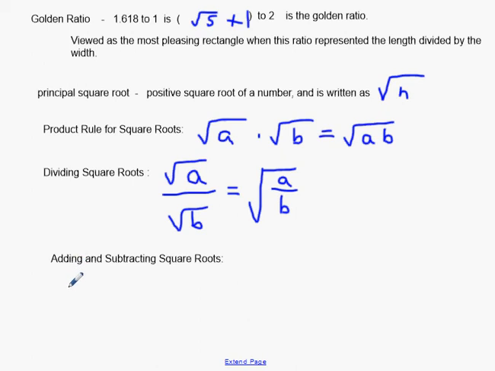If we have a times the square root of c added to b times the square root of c, this will be equal to, we add a and b together, and that answer gets multiplied times the square root of c.